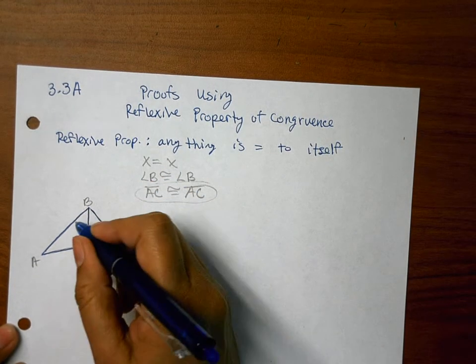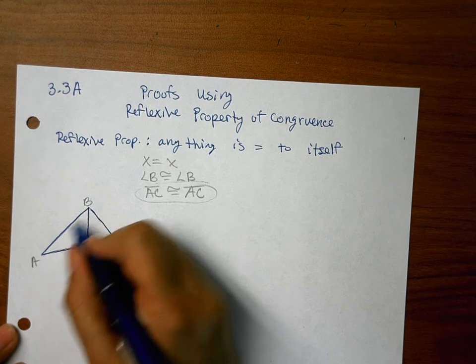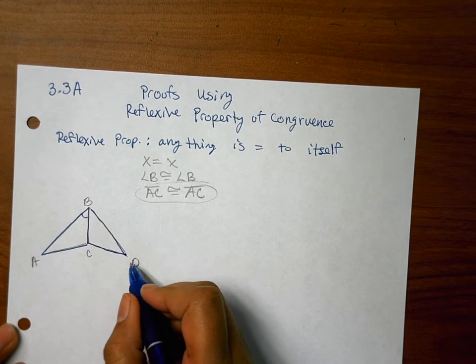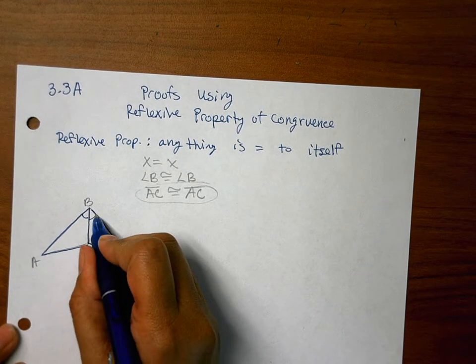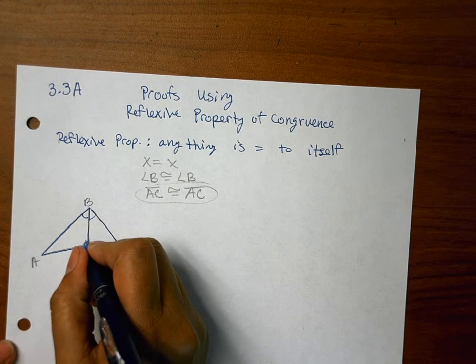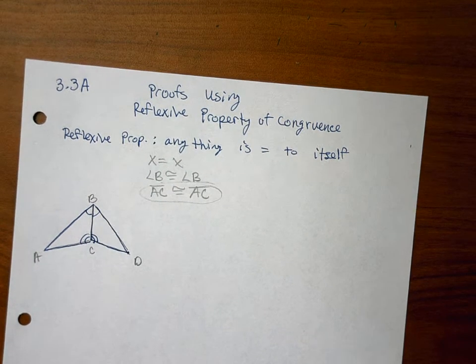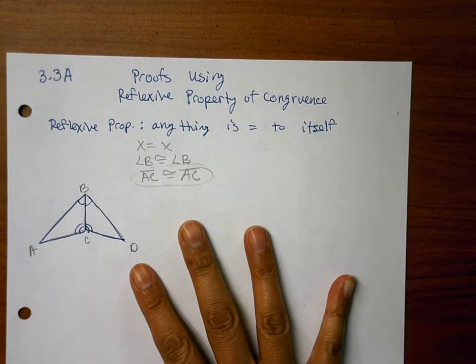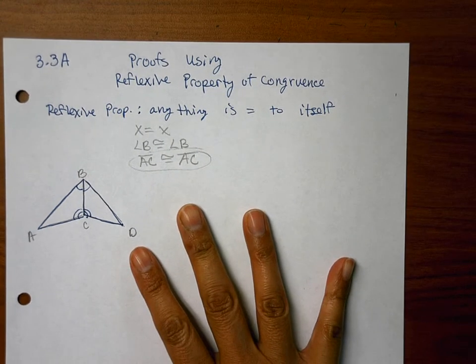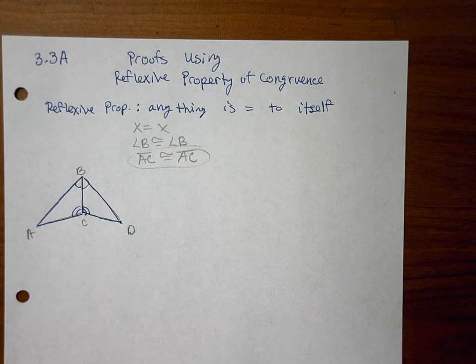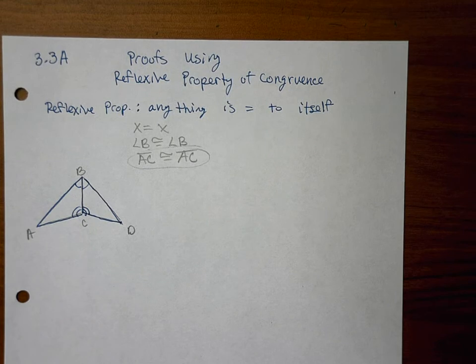If it was given information that this top left angle, that's angle ABC, is congruent to angle DBC, so let's pretend those markings are already given to you, as well as two little angle markings down in the bottom corners. Can you prove these triangles are congruent?